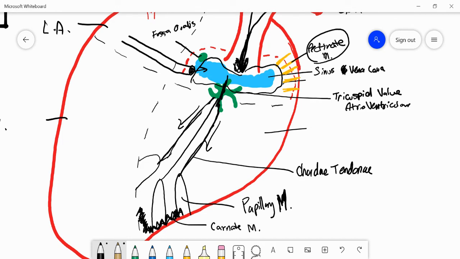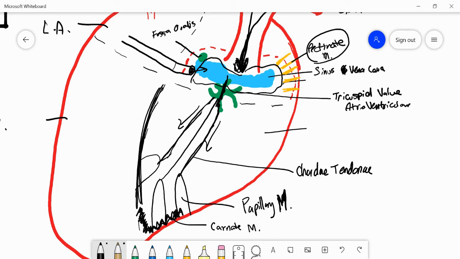And these muscles are also involved in helping with contraction forces. Right here along the edge, this is going to be a wall that's separating this right ventricle from the left ventricle space. And basically, that's what we have in the right side of the heart.